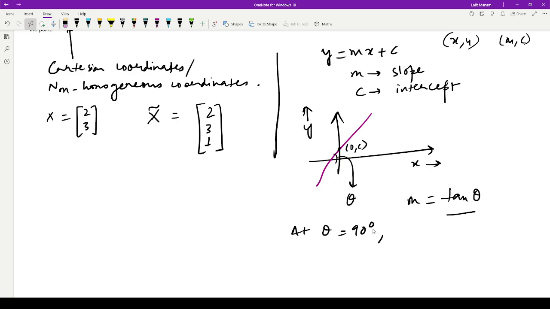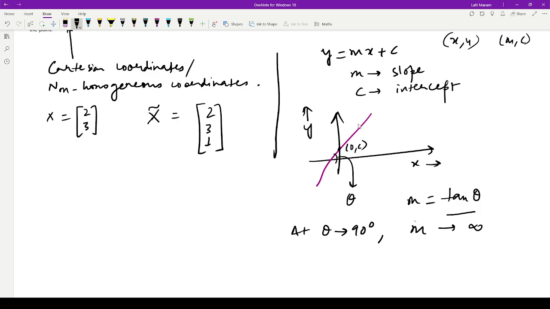Yes, geometrically you're right, but what will be the value of m? m will be 1? No, tan 90 is infinite. m will tend to infinity as theta tends to 90. So this is a big problem.